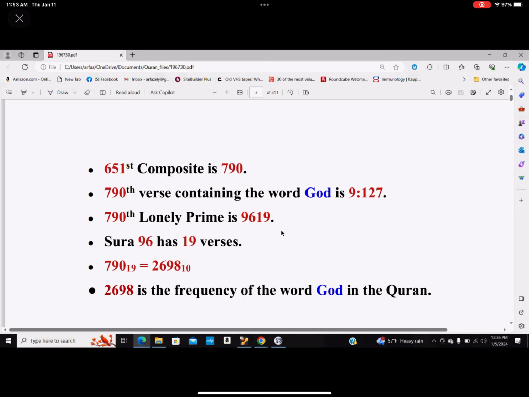So you think if you stay away from it, it's just going to go away. And this, 790 in base 19 is 2698 in base 10, that's not going to go away. It's how numbers are designed by God. They're just going to do that all the time for eternity.